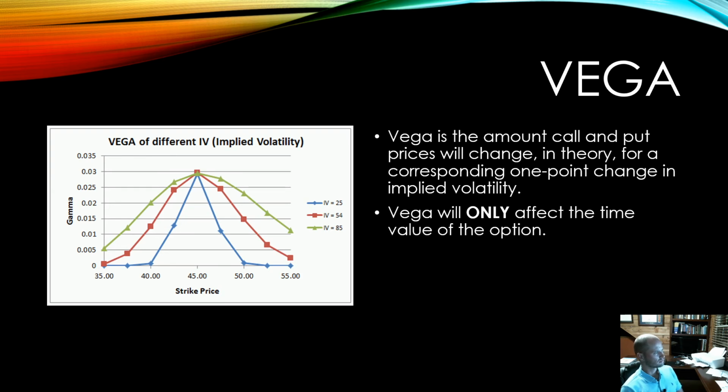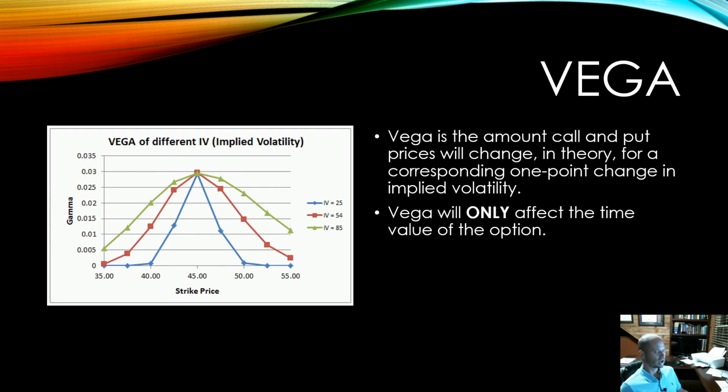Vega. Vega is the amount that call and put prices will change in theory for a corresponding 1 point change in implied volatility. Okay? So we know that implied volatility will affect options prices, right? I think we touched on that in the last video lesson.